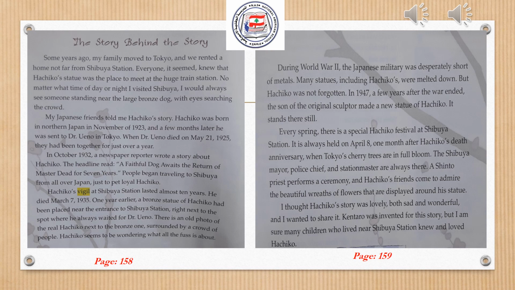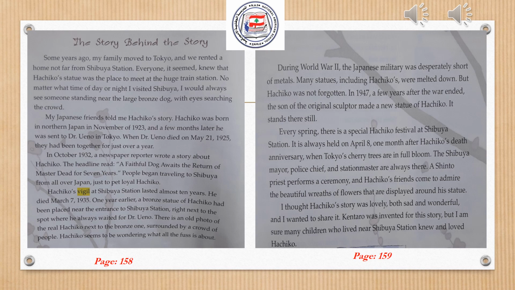In October 1932, a newspaper reporter wrote a story about Hachiko. The headline read, "A faithful dog awaits the return of master dead for 7 years." People began traveling to Shibuya from all over Japan just to pet loyal Hachiko.